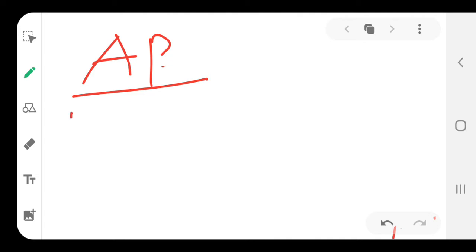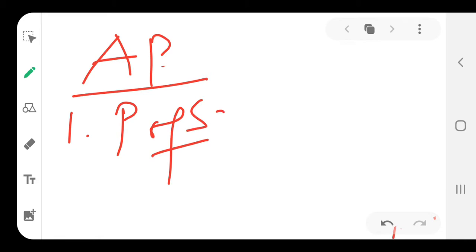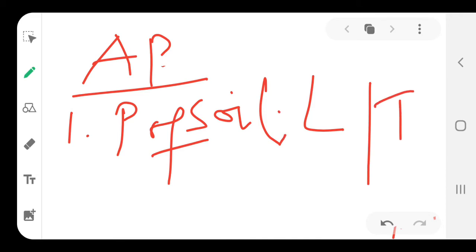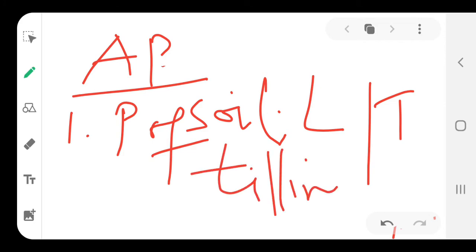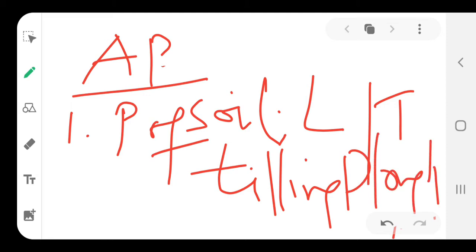So let us see first the preparation of soil. So soil preparation, and this soil preparation is one of the most important part of agriculture. Here we have to loosen and turn the soil, okay. So when we loosen and turn the soil, we use the word tilling or we use the word plowing.